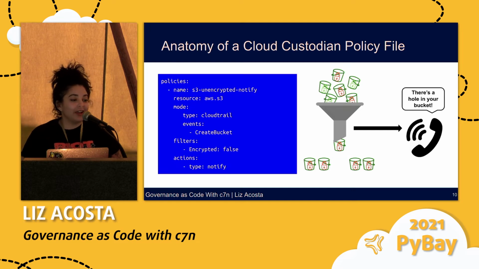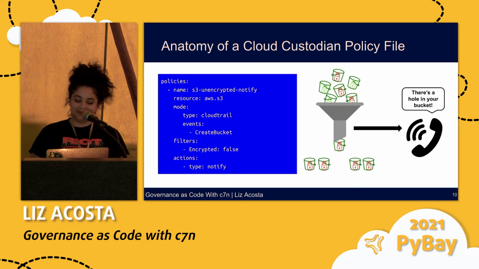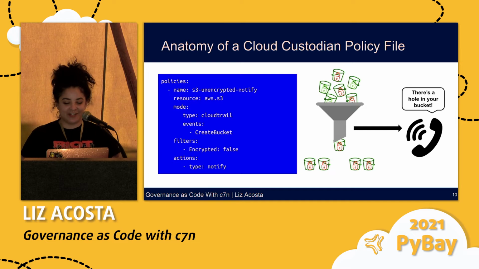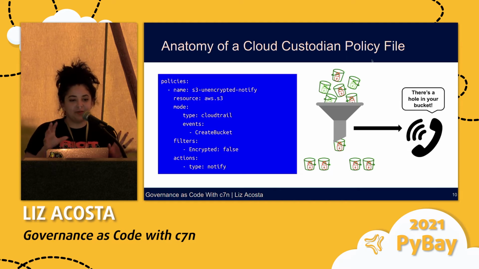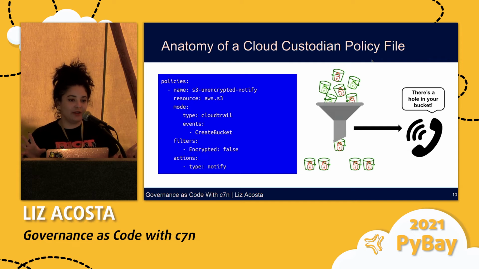And if there are any unencrypted buckets, because I worked at Twilio previously, I then want to get a phone call. And that's going to be the notification. So you can see here is how it would work. You're filtering out the buckets that are not encrypted, and if any of those show up, with that output, we then want to get a phone call.